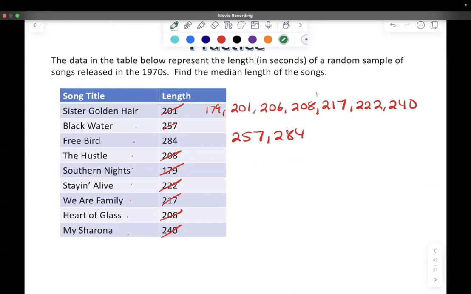Good job. You are absolutely right. It is the 5th one in because there are 9 data values. So now there's 4 below that value and there's 4 above that value. So that is smack dab in the middle. Questions? Because now we're going to do an even number.